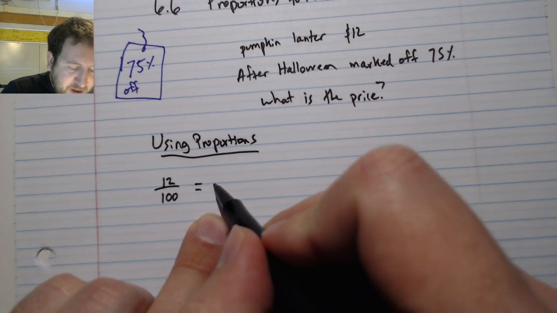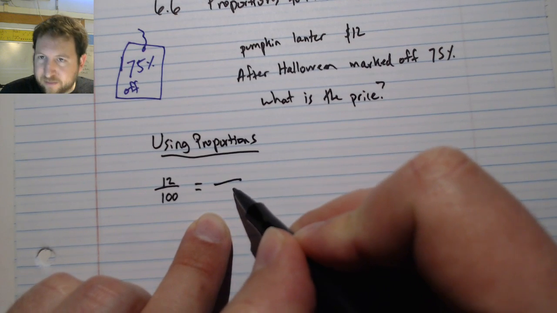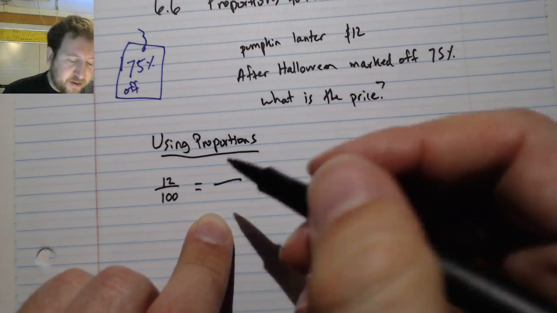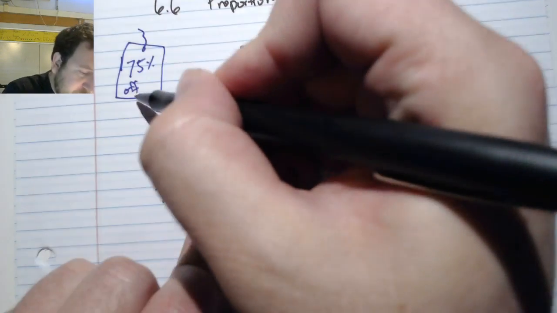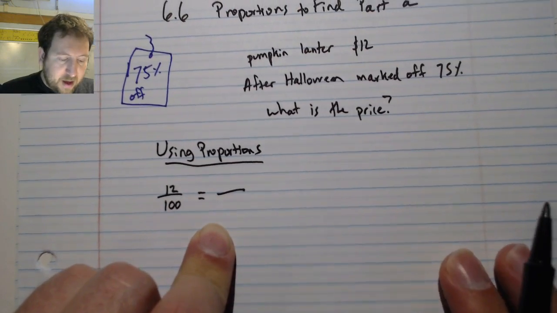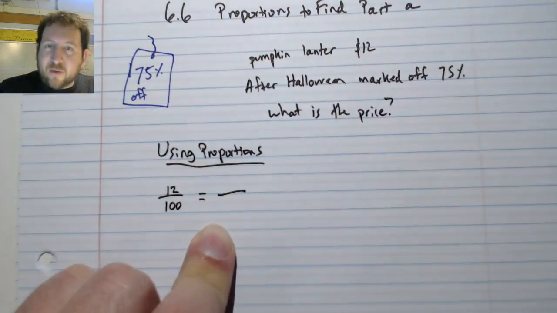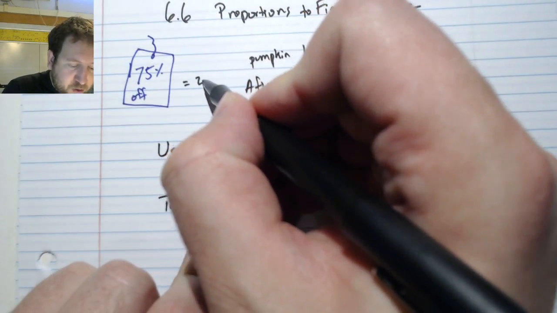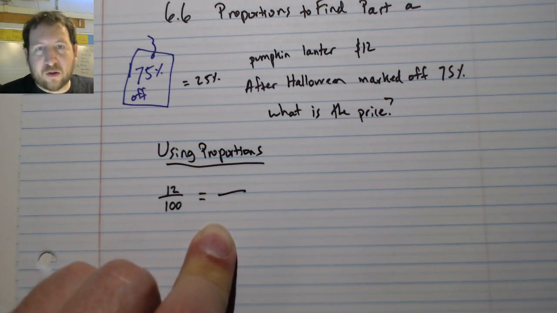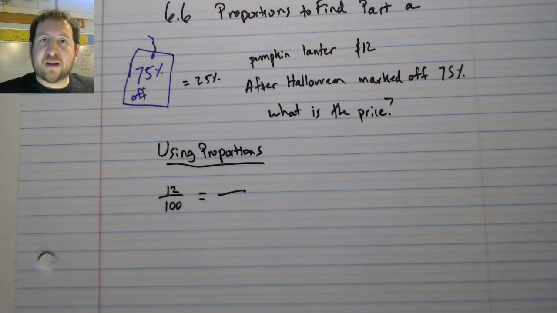Now, you might be tempted to put 75% on the bottom as how much we are really looking for after this. But that's simply not true, because if you look at the amount of money that we still need to pay, the amount of money of the original price is only equal to 25%. So it's like we're paying 25% of the total price, because 100% is everything. We chop 75% of it off.